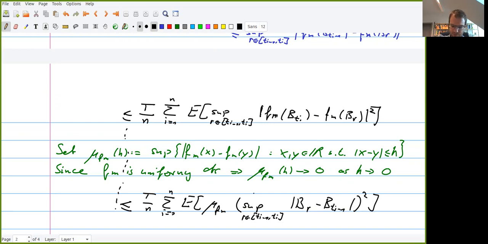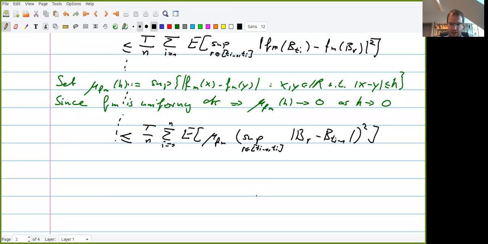Cool. And now we use dominated convergence.